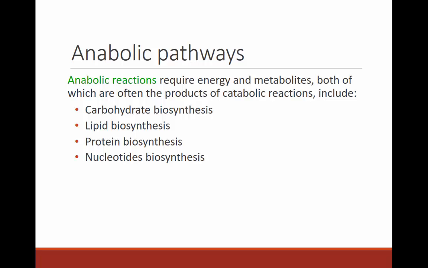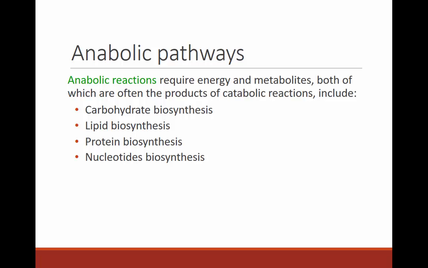Now the anabolic pathways, these are the ones that are building up. And so if you're building up something from lots of components, it requires energy. And that's exactly what happens here. So you need the energy and the metabolites to combine to form a product.